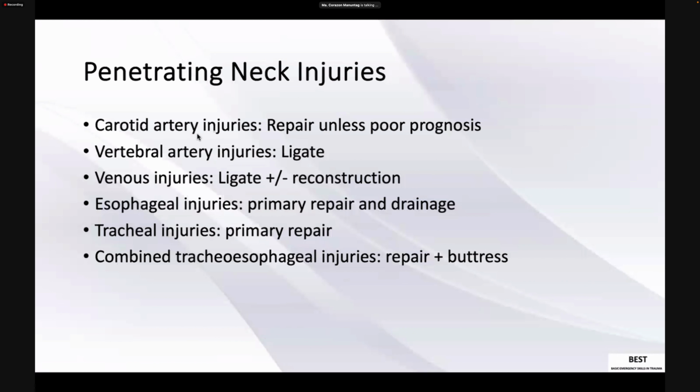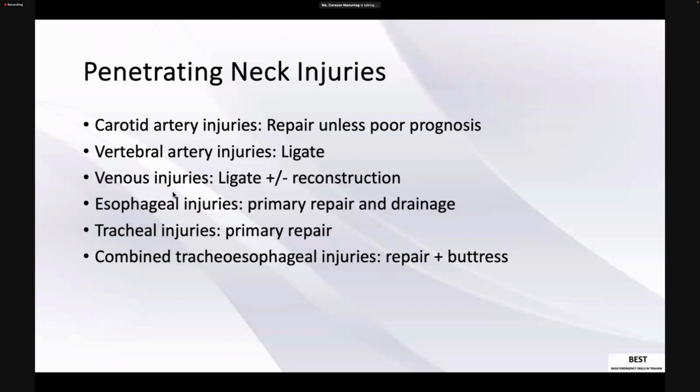So for injuries, we just have to know that for your carotid, you want to repair at all times unless your prognosis is poor. Your vertebral arteries, you can ligate if at least isang side. Venous injuries, ligate plus or minus reconstruction. For your esophageal injuries, you want to do primary repair and drainage, but the golden hour is about 13 hours lang.